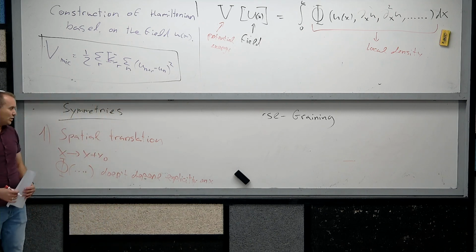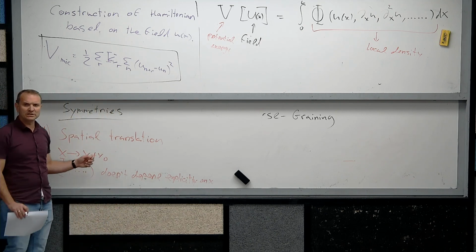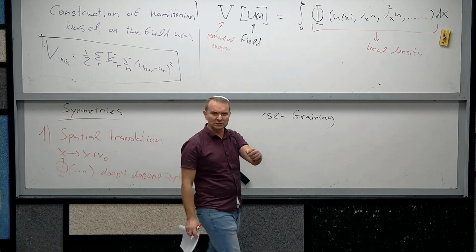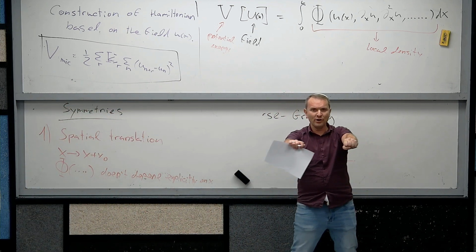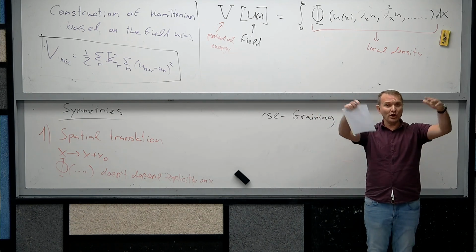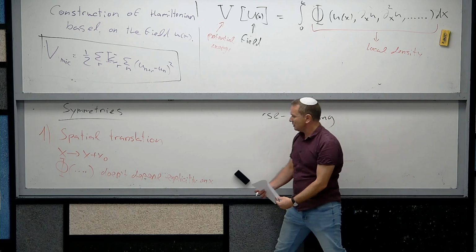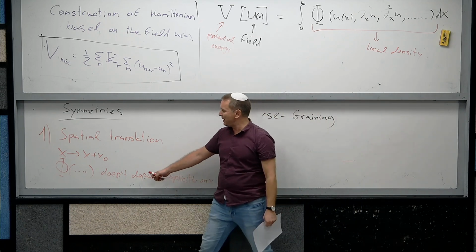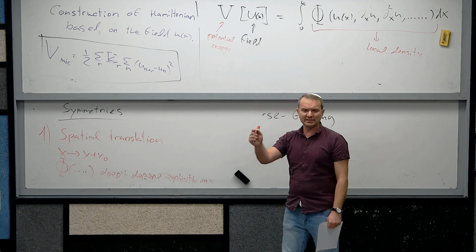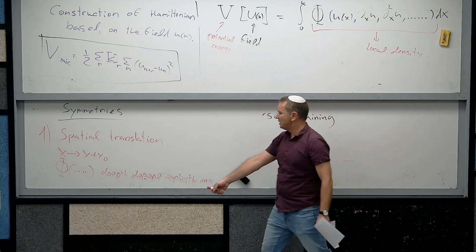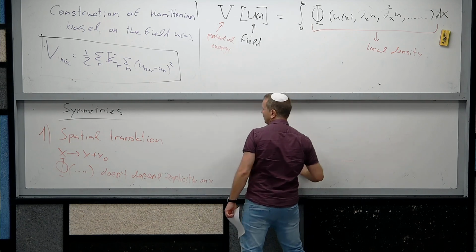Usually I have this symmetry if I don't have external fields: I can move my system as a whole over here, over there, and if there is no external field, it doesn't really matter where I put it. So there is no explicit dependence on x in my density, because I can shift it anywhere and the energy has to be exactly the same. The density does not explicitly depend on x.